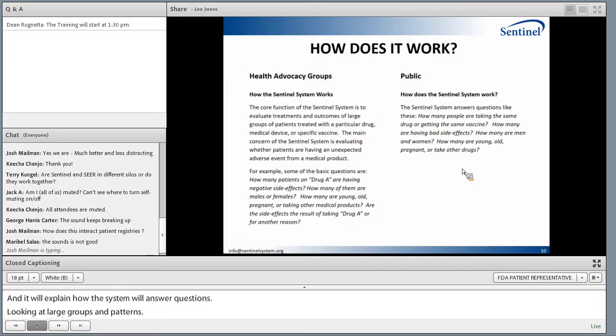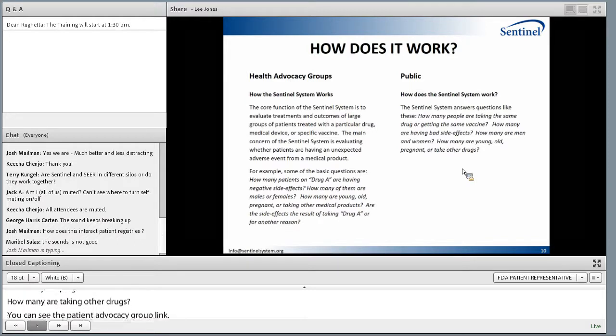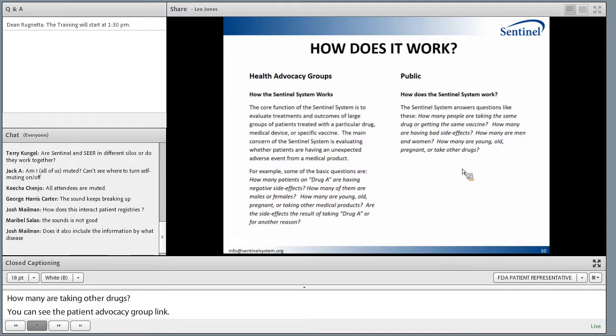How many are having bad side effects? How many are males and females? How many are young, old, pregnant, or taking other drugs? You can see that the patient advocacy group or health advocacy group story tells the same story, but takes a different approach to meet the needs of all of you and your members.